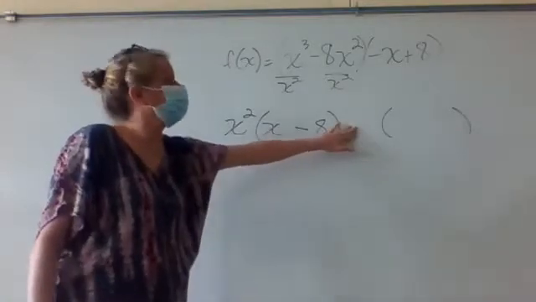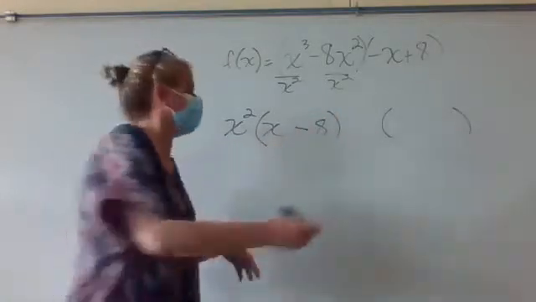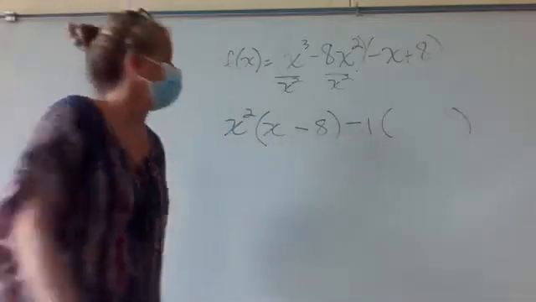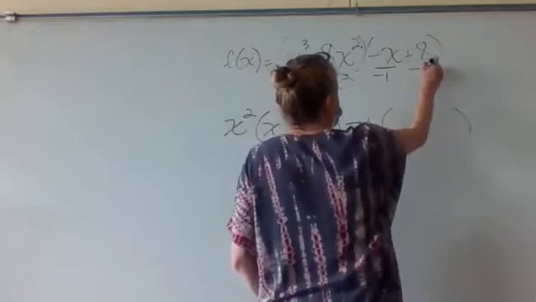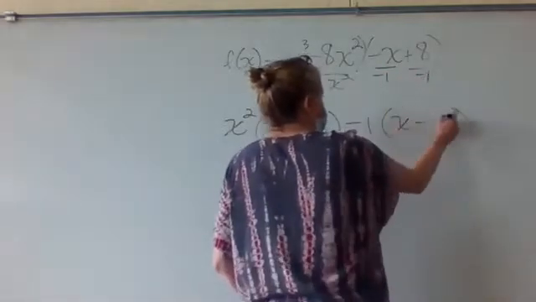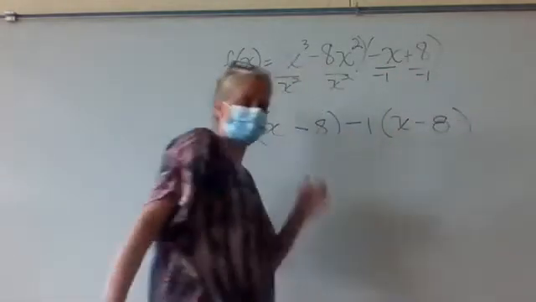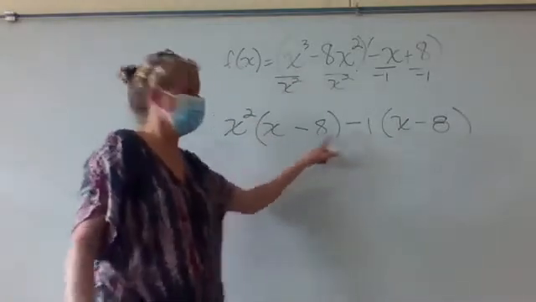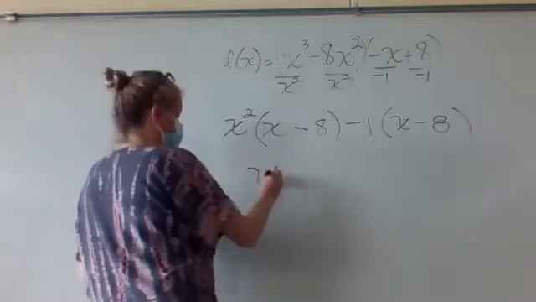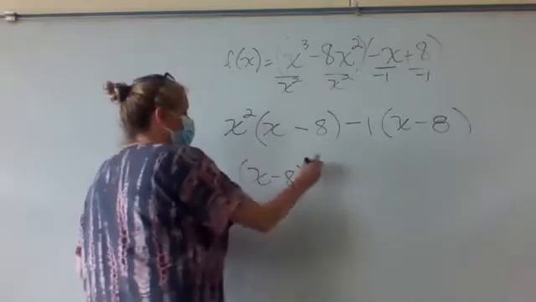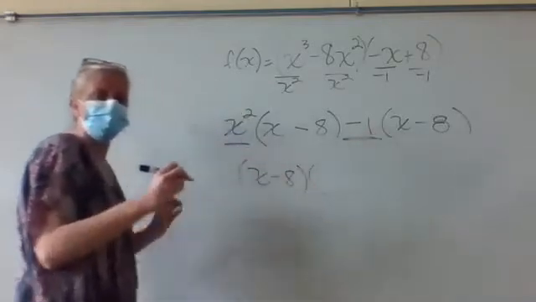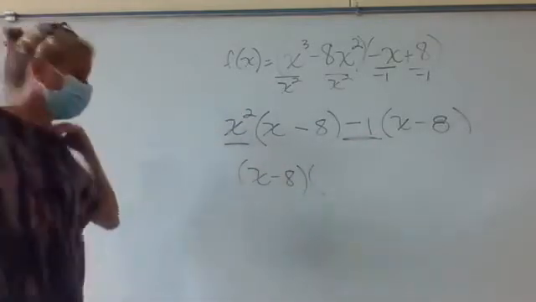So I've got to pull the number out that changes signs, which is always negative 1. If I divide those by negative 1, I get x minus 8. So there's one of your factors. What's in common? X minus 8. The other factor is the two terms that you pulled out, which is x squared minus 1.